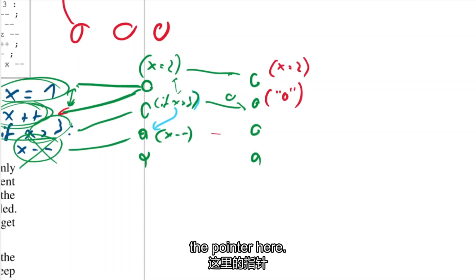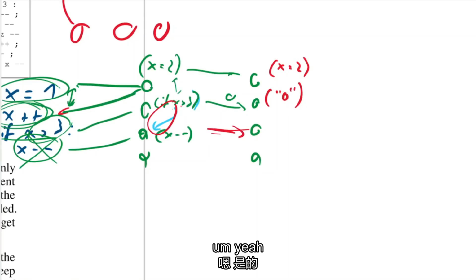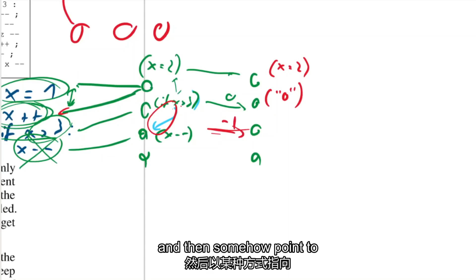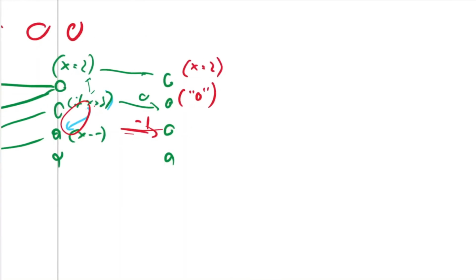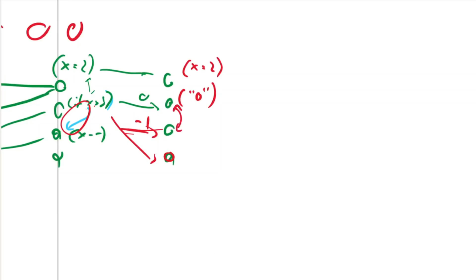And then this node, the pointer here, this pointer makes this evaluate maybe to -1, and then somehow point to, and this node, I'm just making stuff up here, this node could somehow connect these two, right?